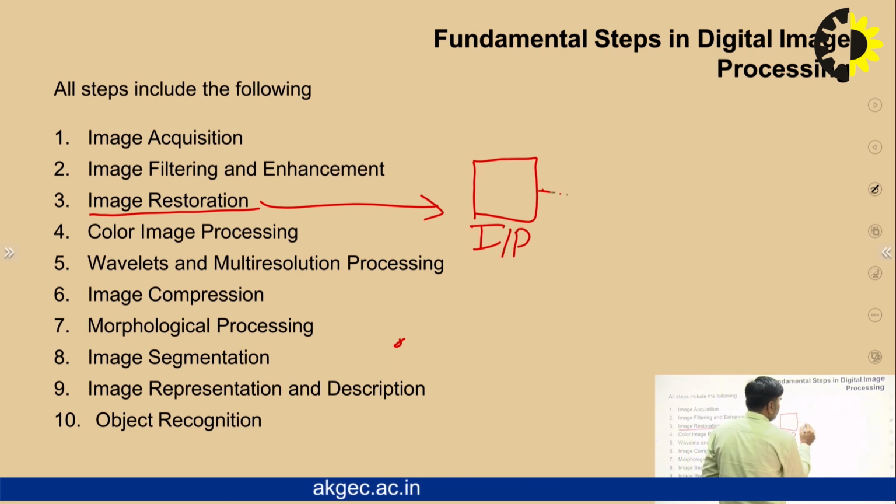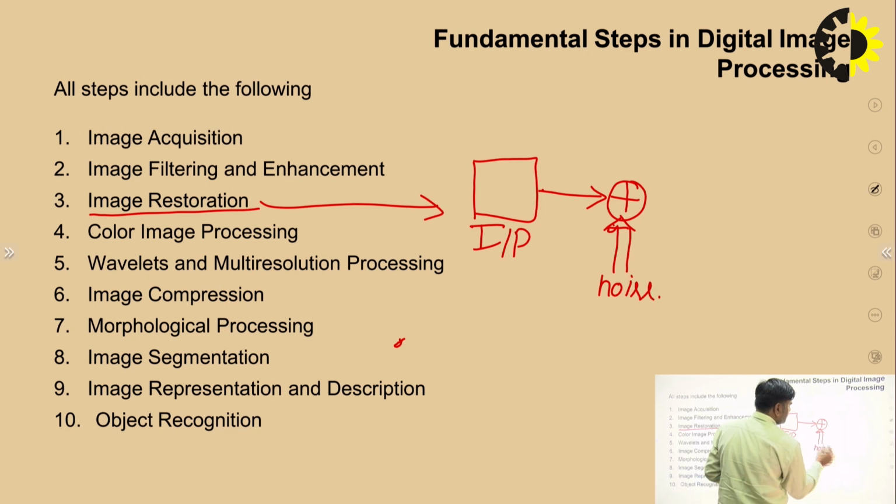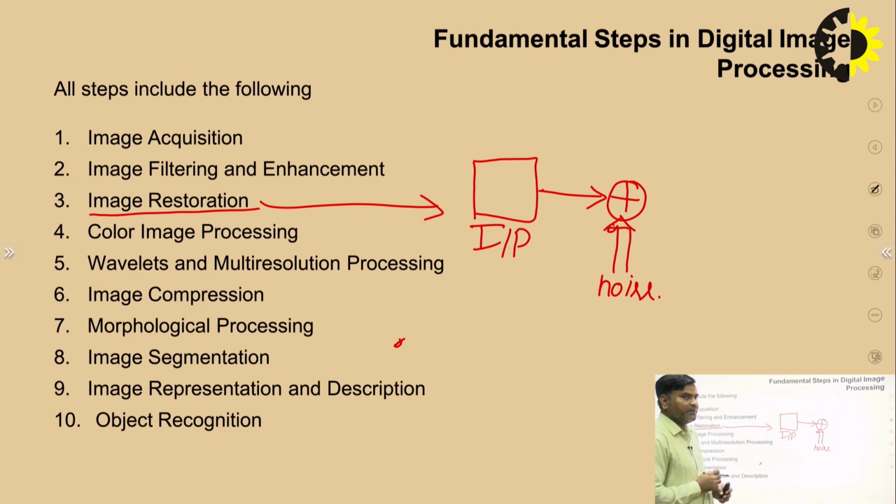We apply some noise, meaning we add some noise to degrade the quality of the input image. For degrading the quality of the input image, we apply some noise to it.